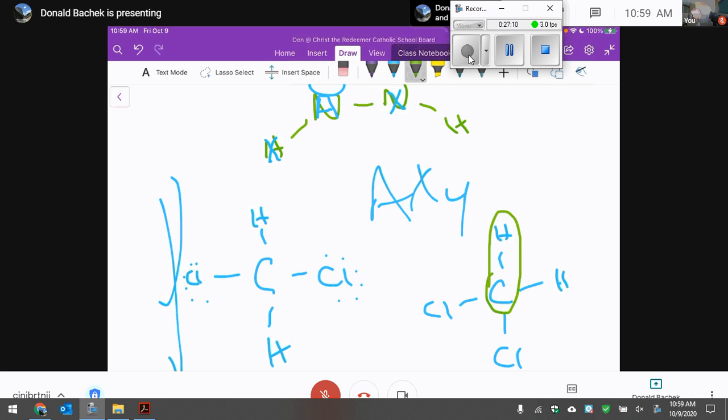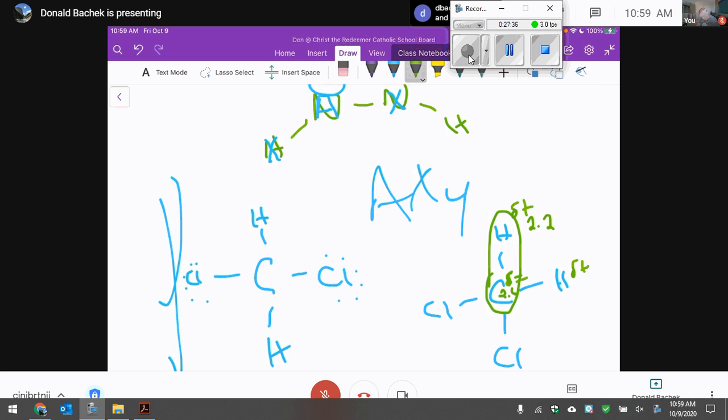Is this a polar bond or a non-polar molecule? Which one is the partial negative? Which one is the partial positive? That's something you need to be able to do for Thursday, okay? Again, if you're not sure, look up some electronegativities. That's 2.2, that's 2.6. This would be the partial negative, that would be the partial positive. Yes, same thing here, partial positive, partial negative right here.